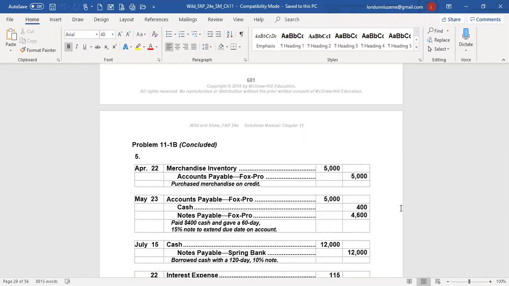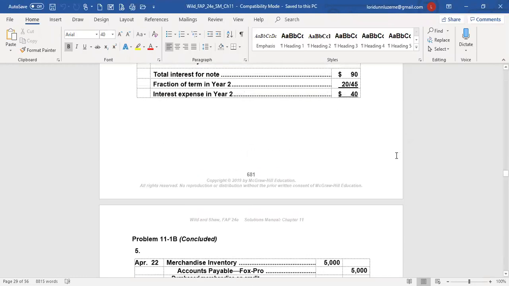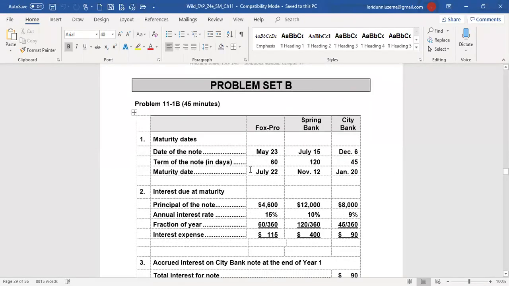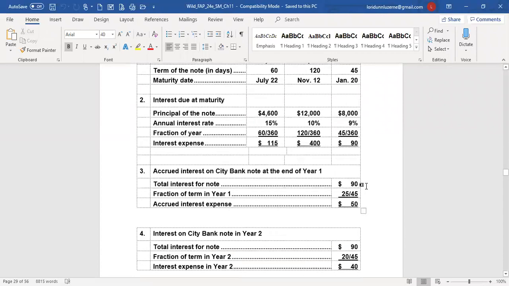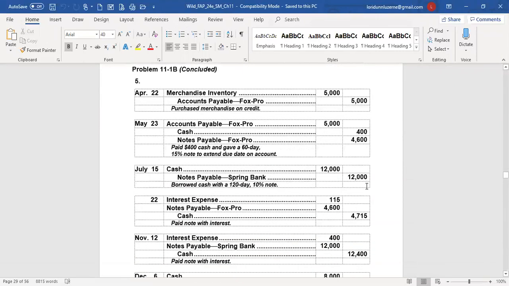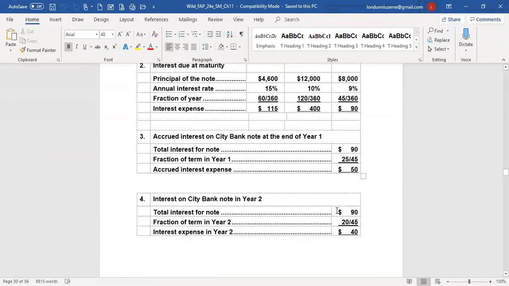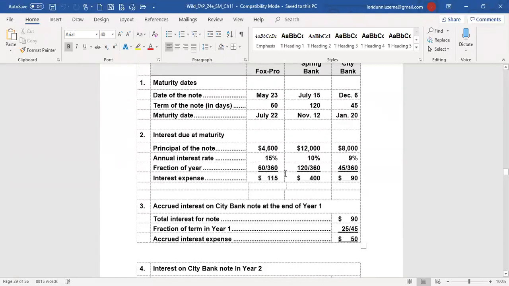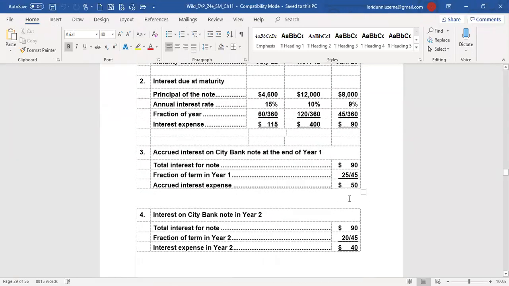Now, the next day, which would be, I'm going to scroll back up here, the due date of the Fox Pro note, July 22nd. On July 22nd, we're paying back Fox Pro. How much are we paying them? Well, we owe them $4,600 and the interest we calculated up in step 2.